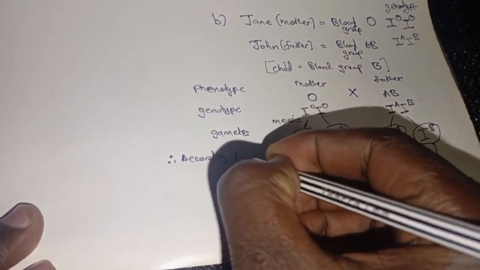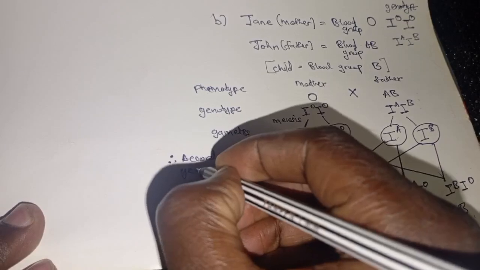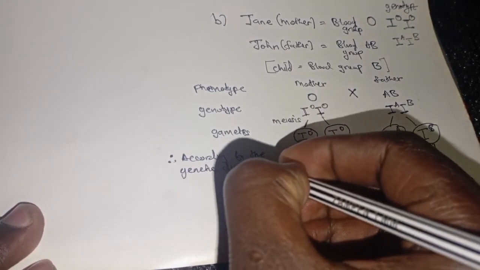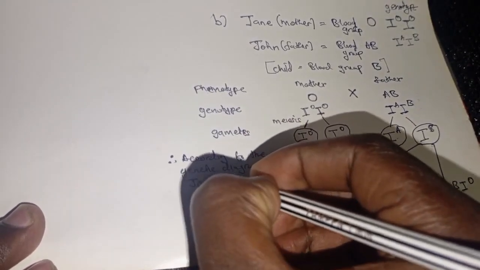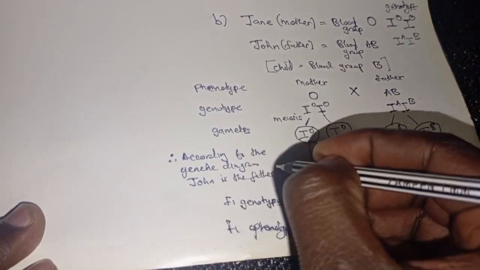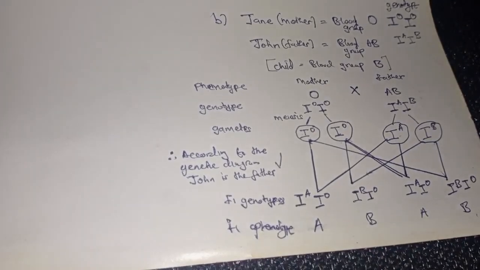We are concluding now according to the genetic diagram that John could be the father of the child. This is not a guess, this is an educated conclusion. We've done the cross and we can see that truly John could be the father of the child.